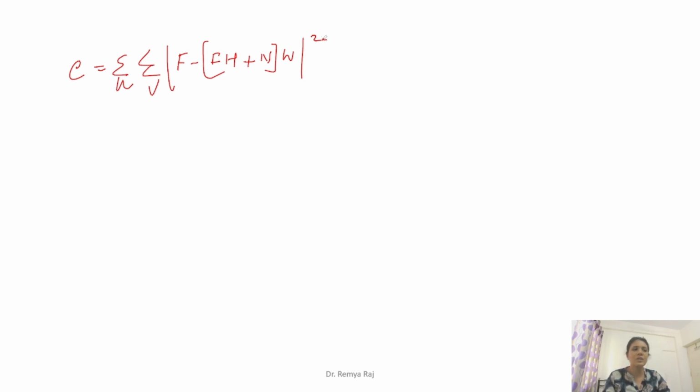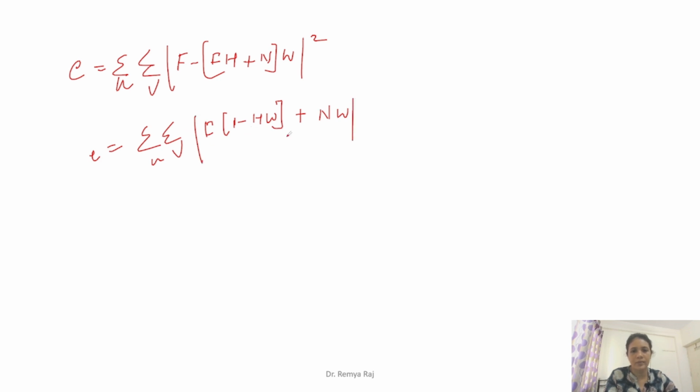My objective is to minimize the error by finding W. The error should be minimized, and then we can easily find the Wiener filter W. So this can be written as E equal to sigma u sigma v of f into (1 minus hw) plus nw, the whole square.